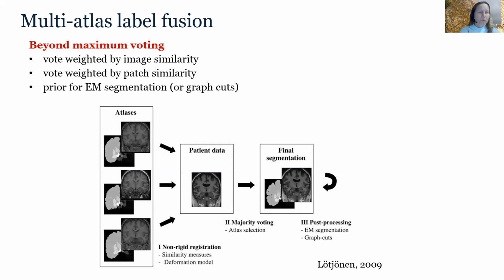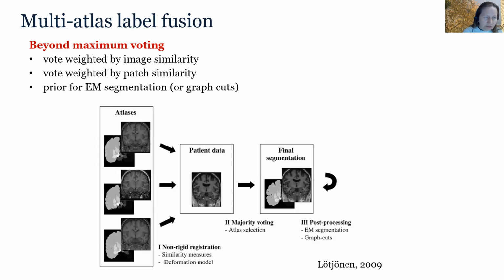So maximum voting is not the only way we can do label fusion. We can improve on that. For example, we can select the atlases after the registration by calculating the similarity between the registered atlas and the image. The more similar the image is, the more likely the segmentation is going to be correct.